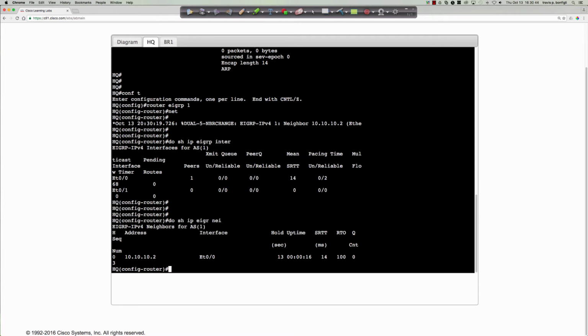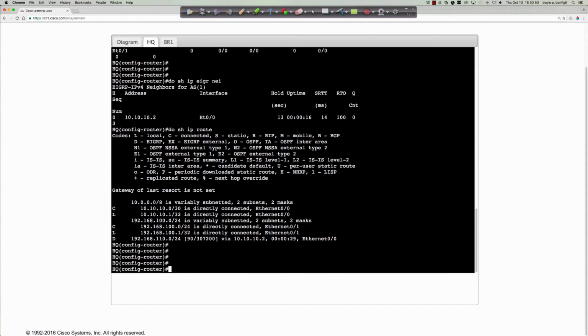Now let's say do show ip route. Anything new, anything learned here from a dynamic routing protocol? Absolutely. We've got this new guy right here: D for DUAL, the Diffusing Update Algorithm. It's EIGRP, with an administrative distance of 90.